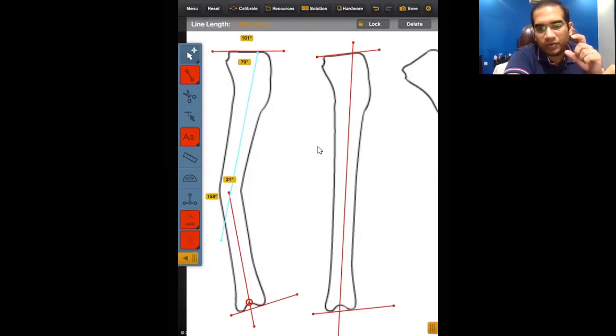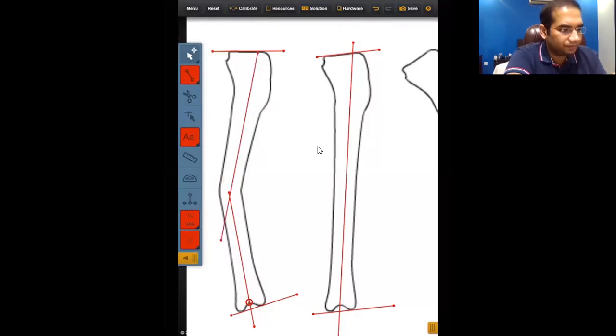So here, when we simply drew two lines, they not only gave us the CORA, they also told us whether the joints are normal or not. So in this scenario, we can see that there is only one deformity, and it's a mid diaphyseal deformity with magnitude of 21 degrees.